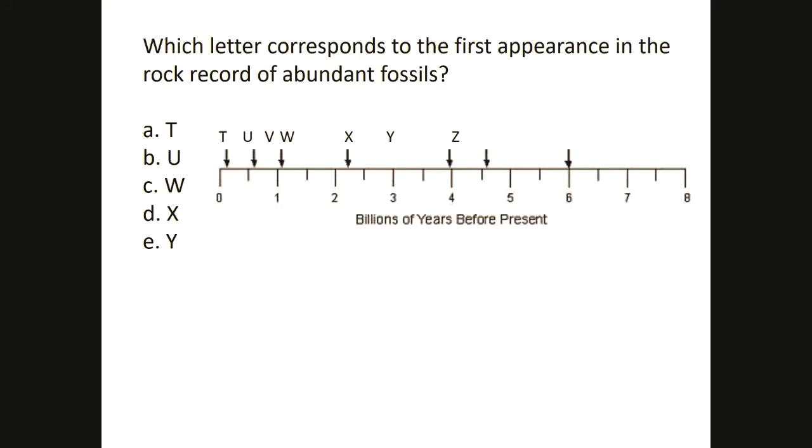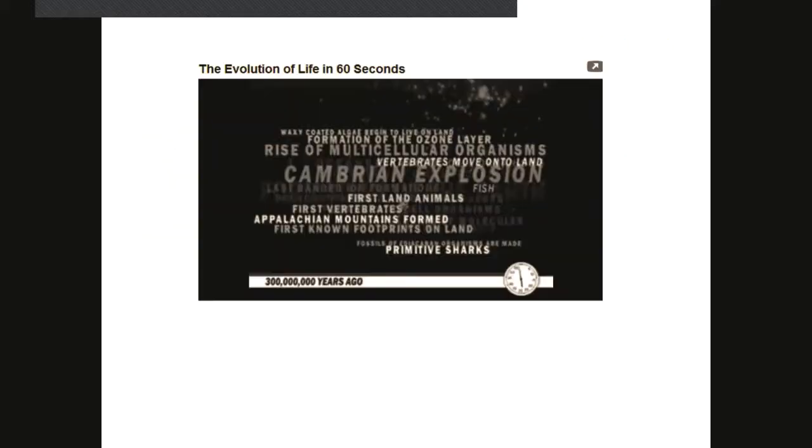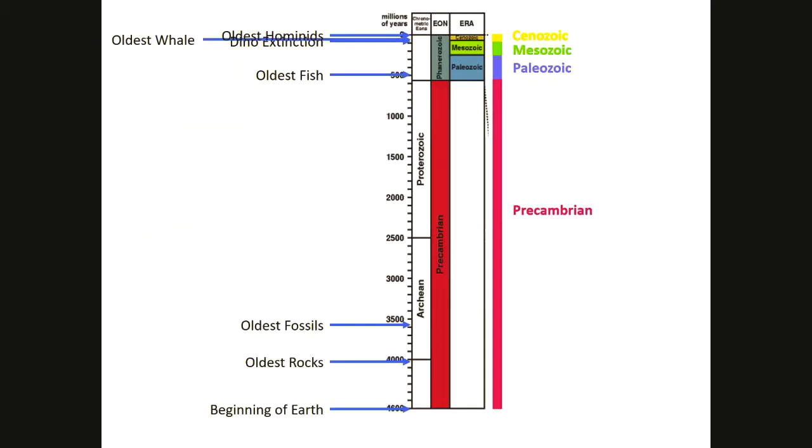So which letter corresponds to the first appearance in the rock record of abundant fossils? So this is billions of years before present. This is present right here. So first appearance in the rock record of abundant fossils. If we go back, you see that complex animal life really takes hold. It comes about from the beginning of the Paleozoic, which is around 500 million years ago.